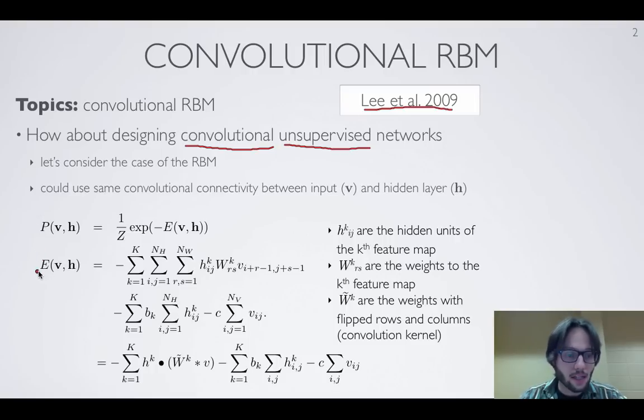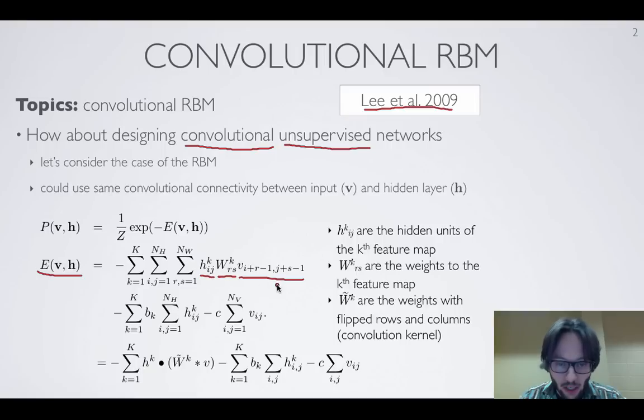What they do is again define an energy function in the RBM, where you have hidden units that interact with some visible units in a visible layer, and they interact through some connections that are weighted. We also have some biases for the visible and hidden units. But now, and I won't go into details of this notation here, essentially a hidden unit in the feature map K at a position ij in that feature map is only going to be connected to a neighborhood.